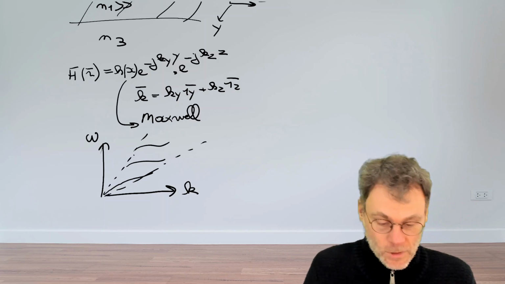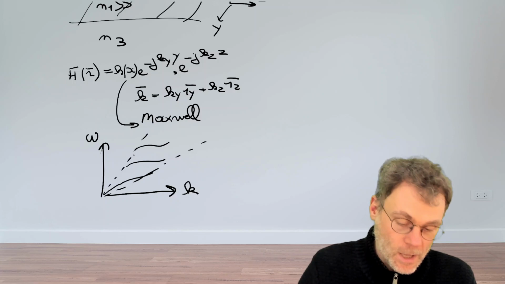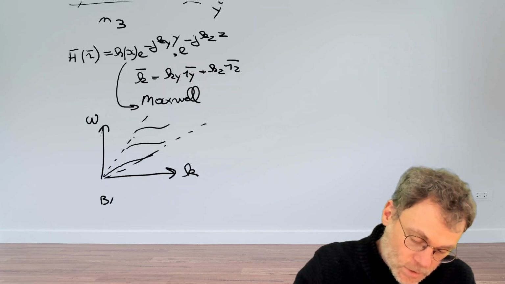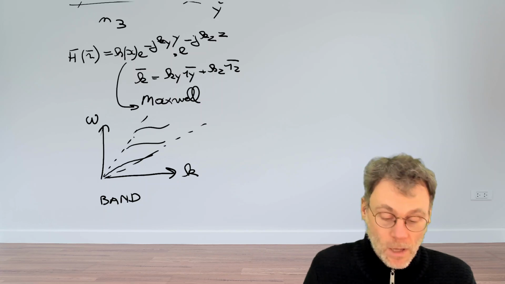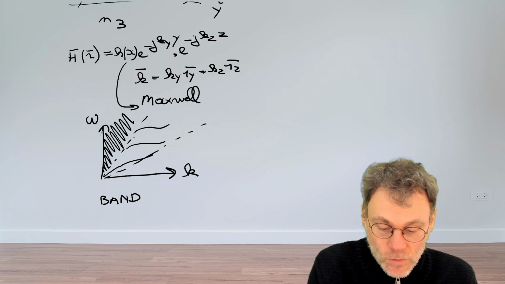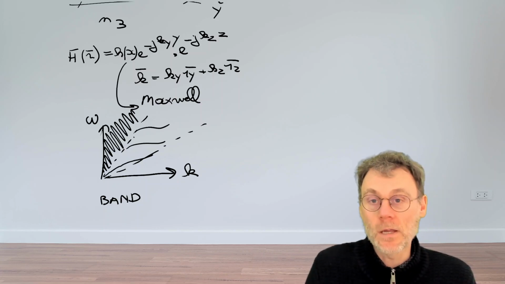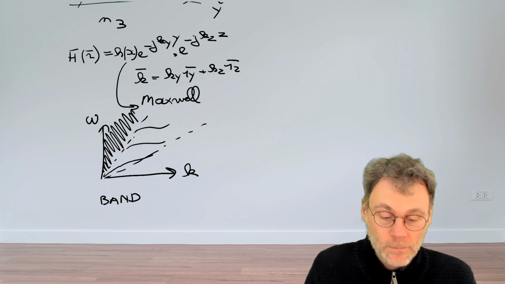So solutions like this, which appear in bands, we can call bands. By the way, this is also why this is called a band diagram. So that's one type of solution. But then we also observe that over here, we have a continuous region where every point that you pick here is a solution to Maxwell's equations.